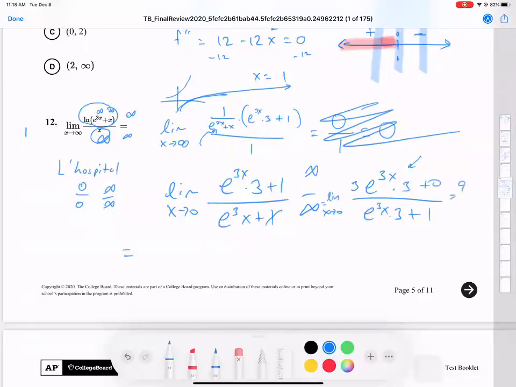This is 9 e to the 3x over e to the 3x times 3 plus 1. That's infinity over infinity. We do it again. It'll be 9 times e to the 3x times 3 over 3 e to the 3x times 3 plus 0. Now we can divide the e's, divide the 3's, and that's going to be just 3.